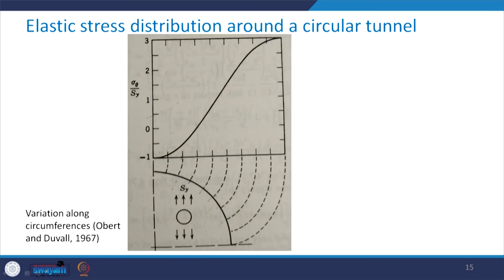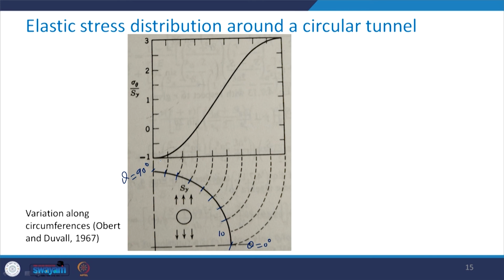Now, this is the variation along the circumference. So, move along the circumference from theta equal to 0 degree to theta equal to 90 degree. This is 0 degree, then you have here 10, 20, 30, 40, 50, 60, 70, 80 and this point is 90 degree.